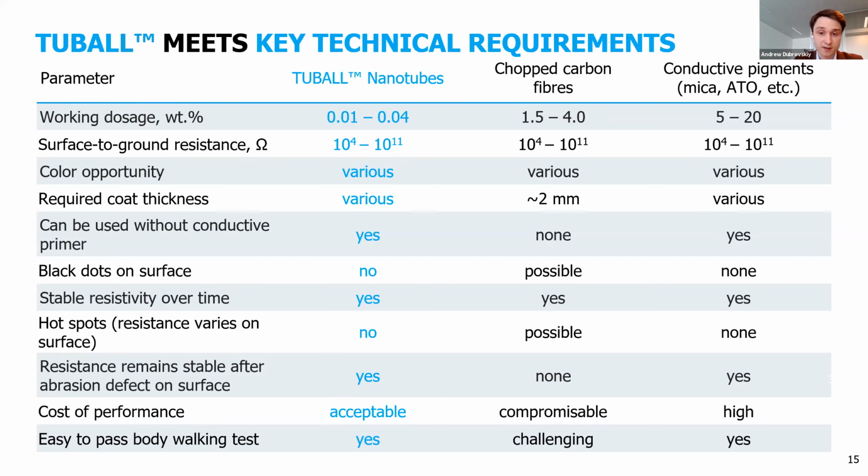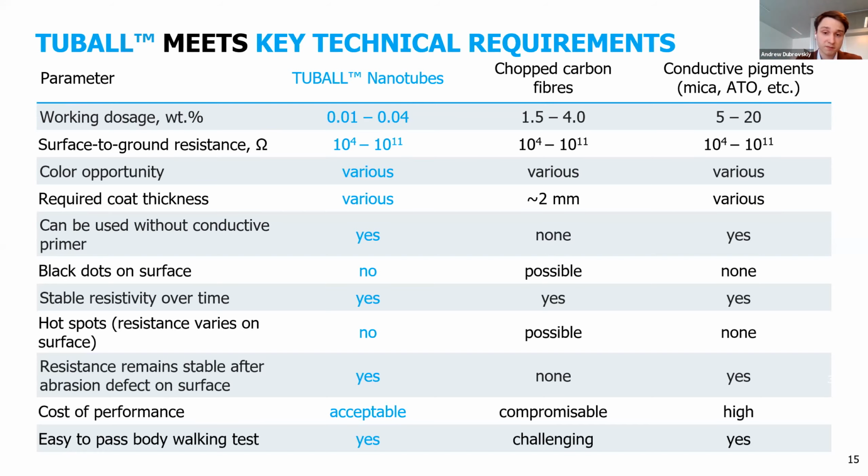And also, if you damage some anti-static or electrically conductive flooring system with chopped carbon fiber, you have a high risk of losing the required electrically conductive properties, and it will be rather complicated to repair the damaged area because you will be required to cut the top coat and apply it again from scratch because you had to orient chopped carbon fibers.